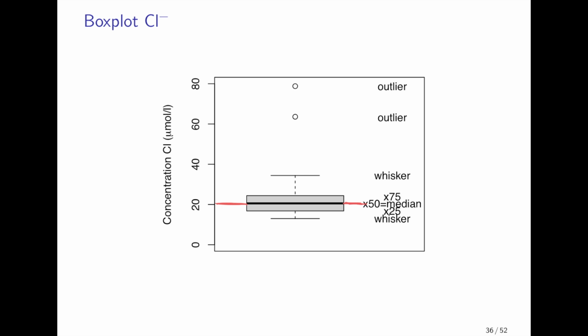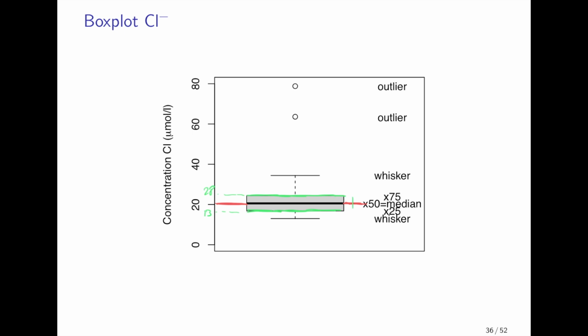So the box extends from the 25th percentile to the 75th percentile. So you can compute those, or you can read them off from the summary that we had before. And we see, yeah, probably this is about 13 and 28.